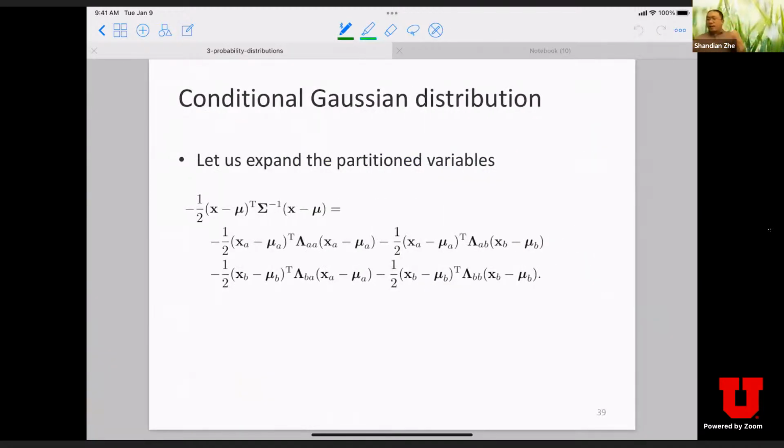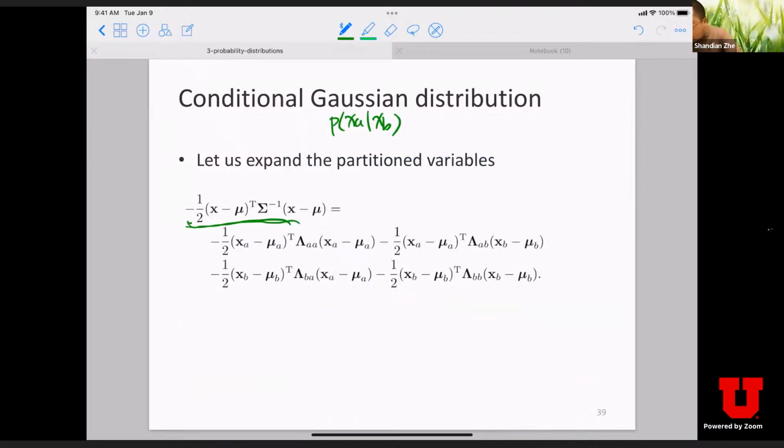Okay, so now let us look at the partition case. We're talking about the conditional distribution of xa given xb. We know that xa and xb jointly follow a Gaussian distribution. If we look at the exponent of their joint density, we can decompose this term in terms of their partitions.